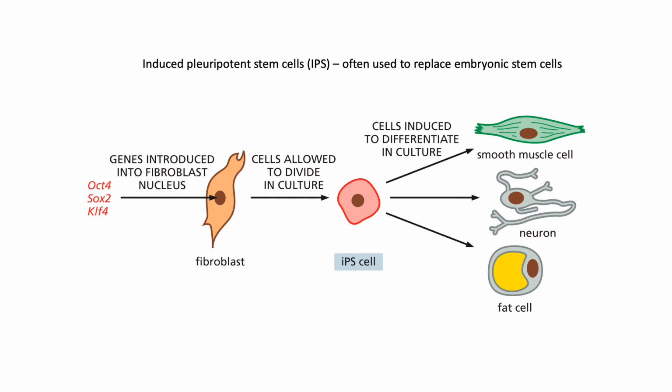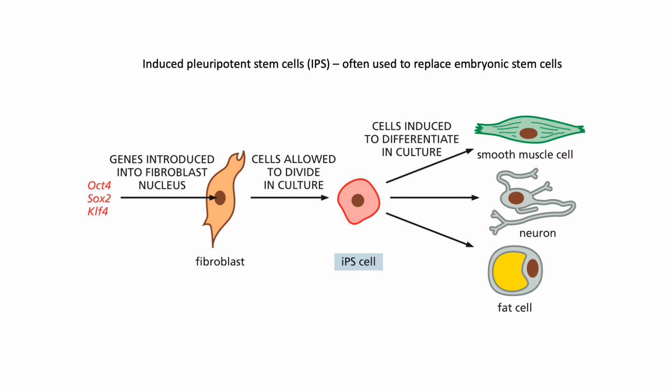It's a little bit bizarre. You're taking a mature cell and causing it to go back in time. So there are 3 genes. One's called OCT4, one's called SOX2, another's called KLF4, and people have done this a number of different ways. Introduce those genes into the nuclei of the fibroblasts, and then those fibroblasts go back in time and revert into a stem cell.